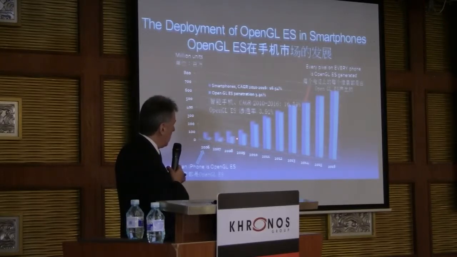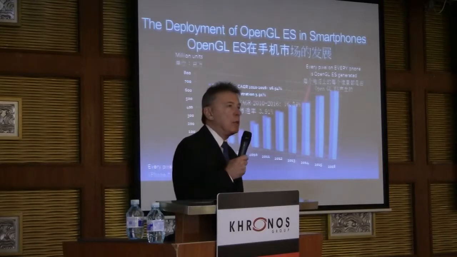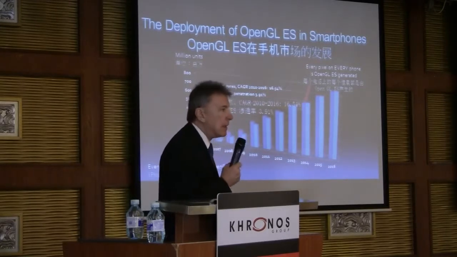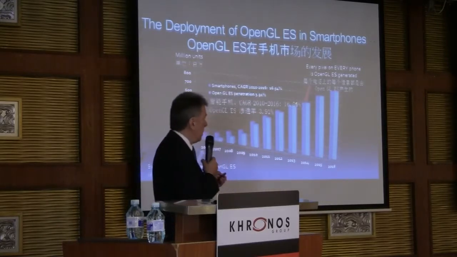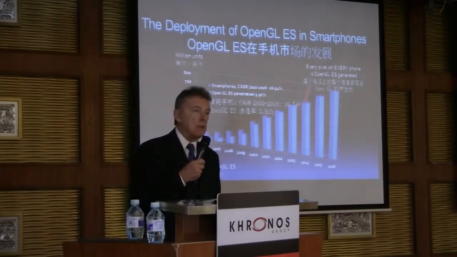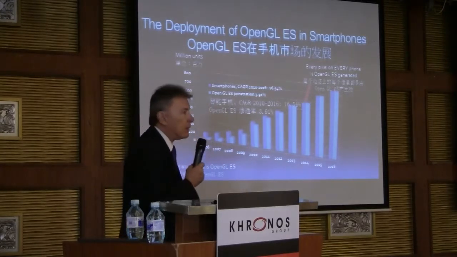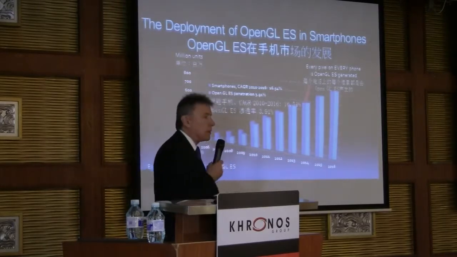And over time, OpenGL ES became more and more deployed into mobile phones and smartphones, to the point where our projection right now is that by 2014, 100% of the smartphones will be using OpenGL ES. I believe that this projection is actually too conservative, and I think we'll hit it in 2013 easily, because we're so close right now. There are just very, very few companies that haven't adopted OpenGL ES. And then going forward, it's just done.